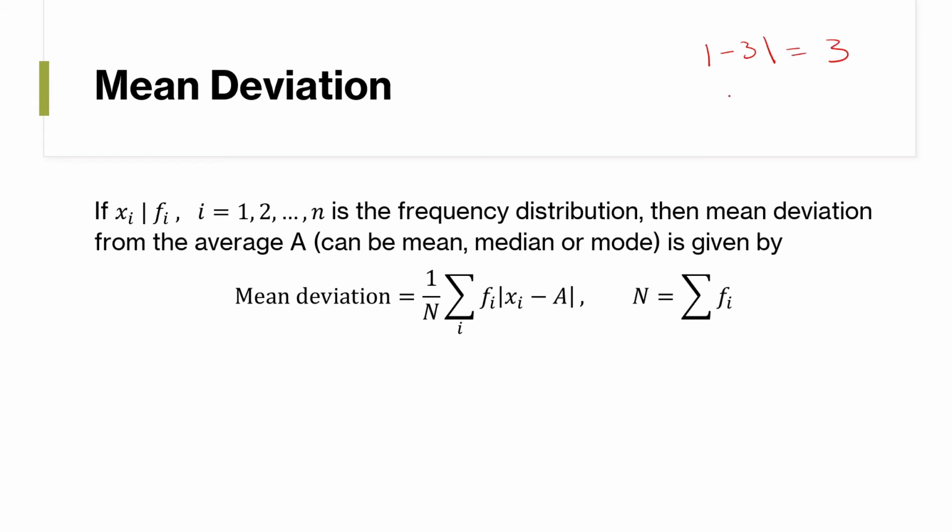You are just ignoring the minus. The absolute value of any negative number will be the number without the negative sign. The absolute value of any positive number will be the same number, and the toughest of all, the absolute value of 0 will be 0. So to calculate mean deviation, we make use of absolute value.